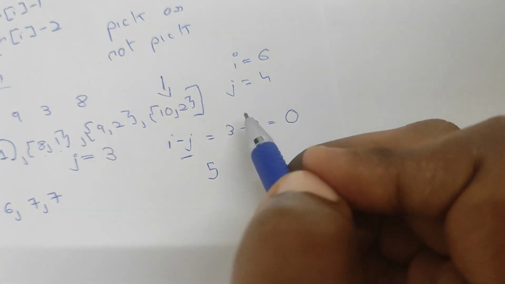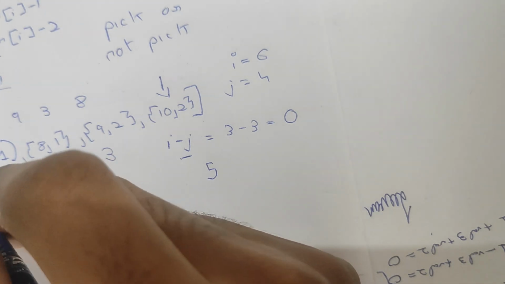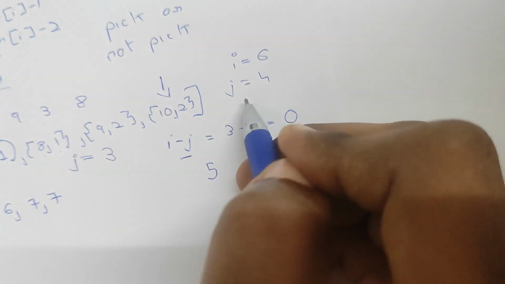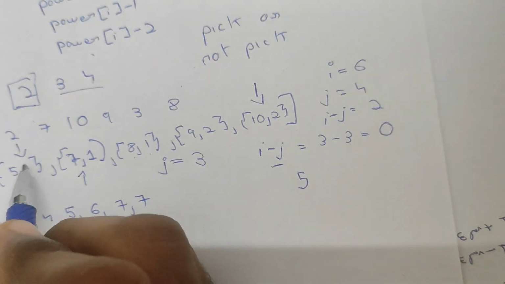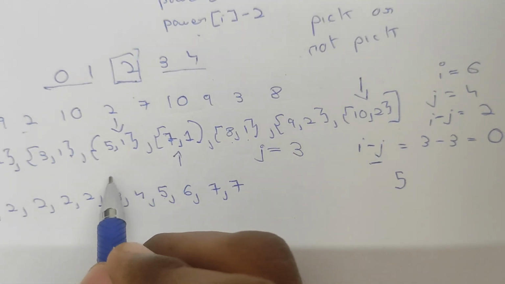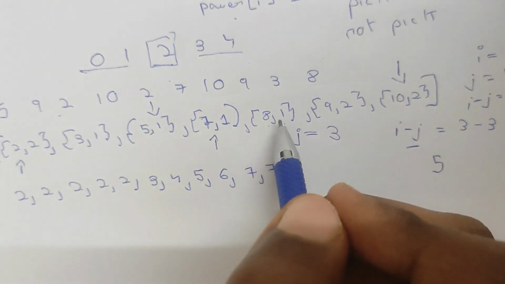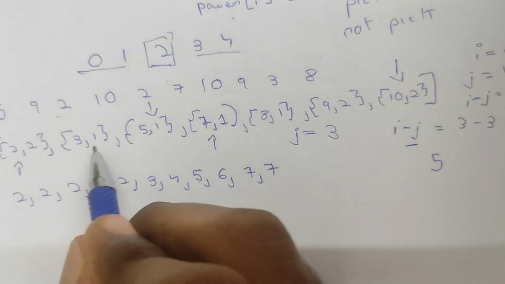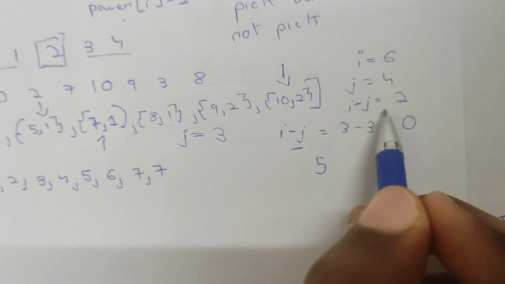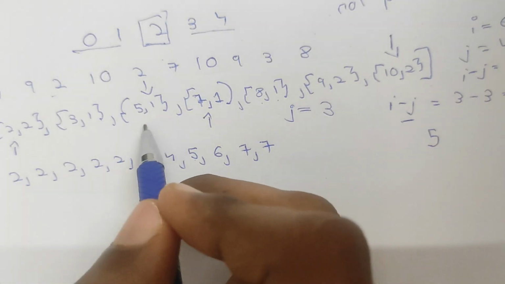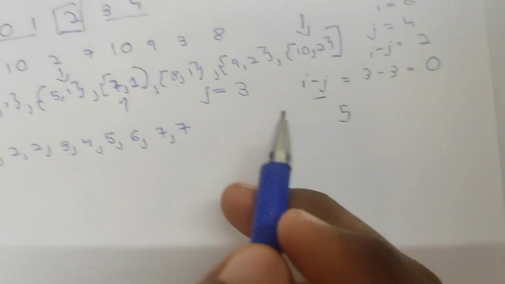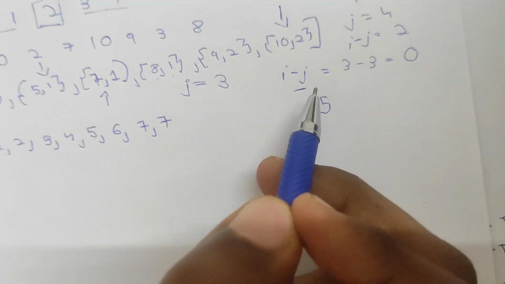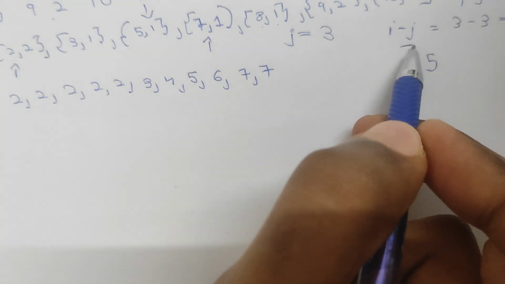We get the index of the previously chosen value by subtracting i minus j, which is 2. Now I will show you why j can't go beyond 5.